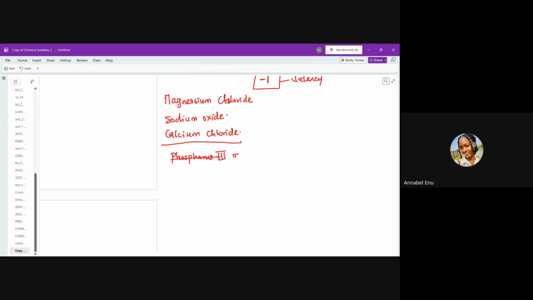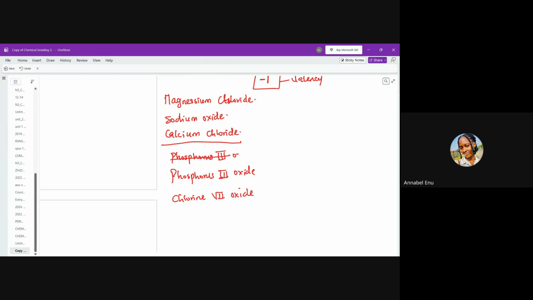No, this one is not part of it. I've already written magnesium oxide, but we can also do for this phosphorus 3 oxide and chlorine 7 oxide.